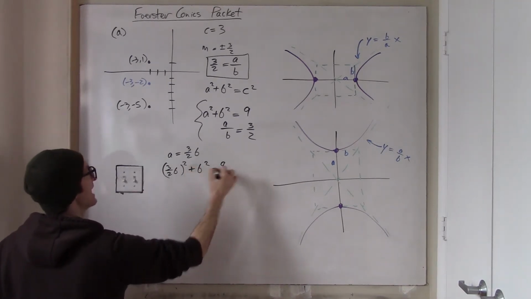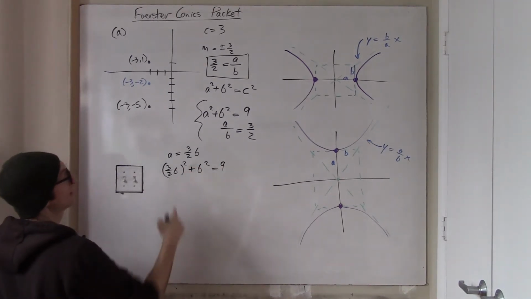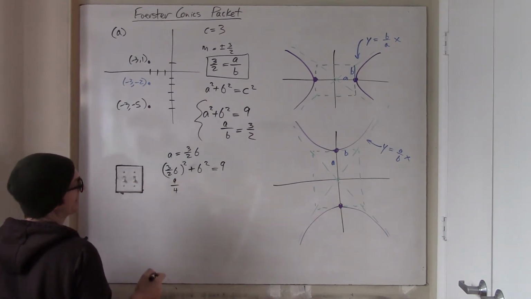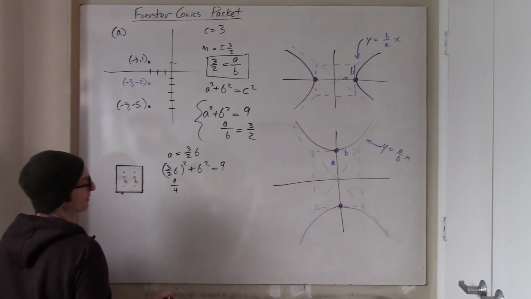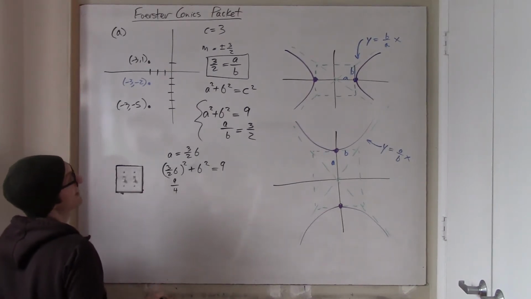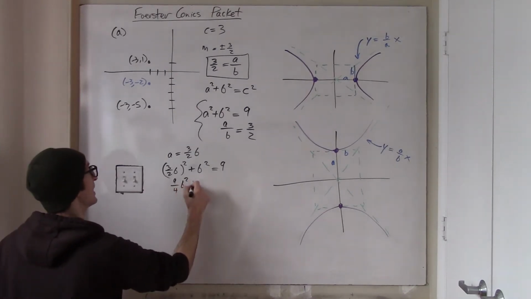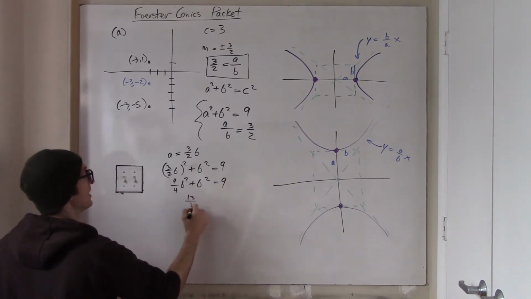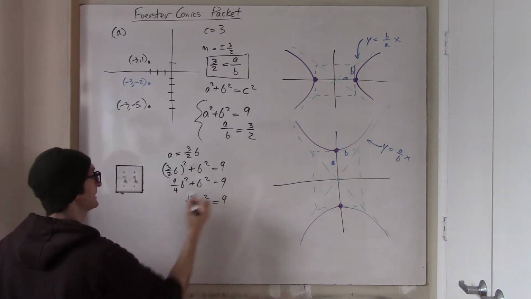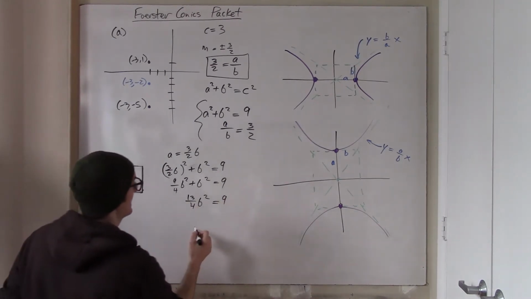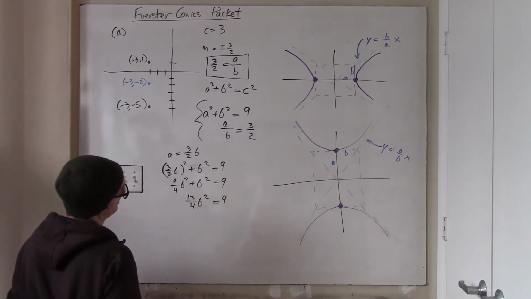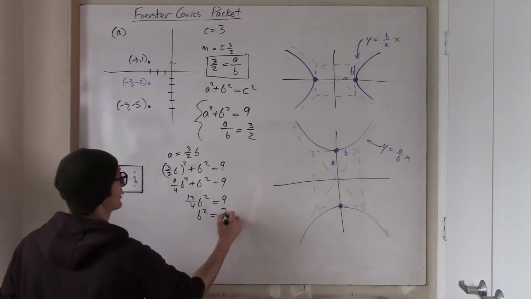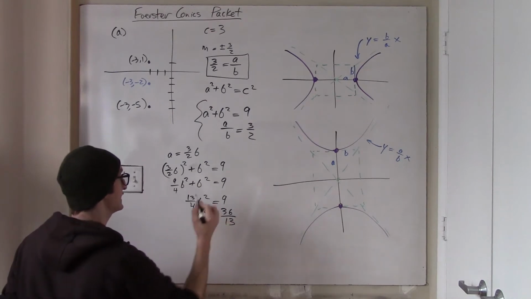And now I just have a simple equation in one variable. So I get 9/4 b squared plus b squared is 9, so that's 13/4 b squared is 9, and that's a little bit of a surprising answer, but anyway, b squared is therefore 36 over 13.